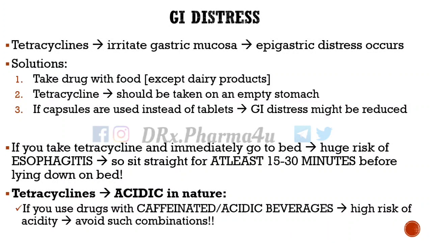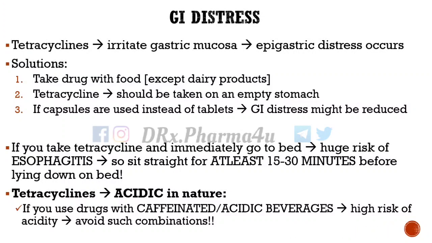Usually, you can take this drug with food also, except dairy products. As I said, they are rich in calcium, so it is a divalent cation that is a problem. Tetracycline should be taken on an empty stomach. Tetracycline and tetracyclines are different: tetracycline is an individual molecule and tetracyclines are a class of drugs.